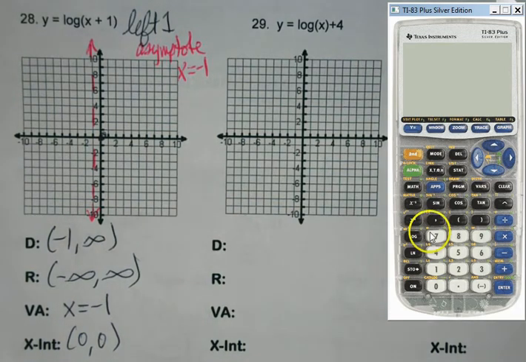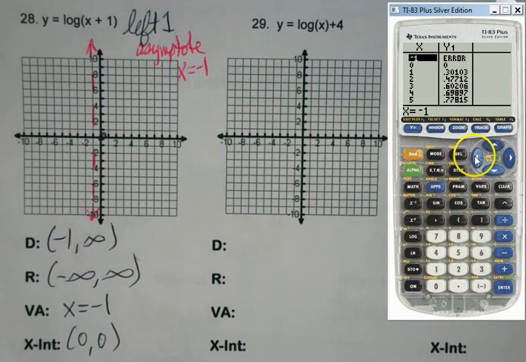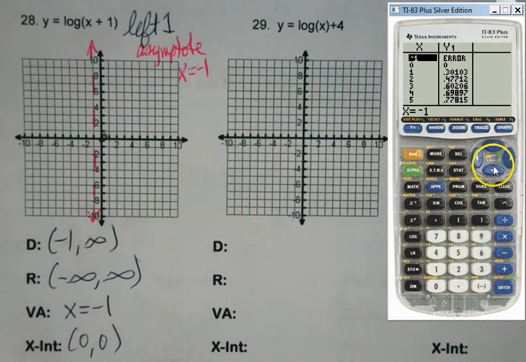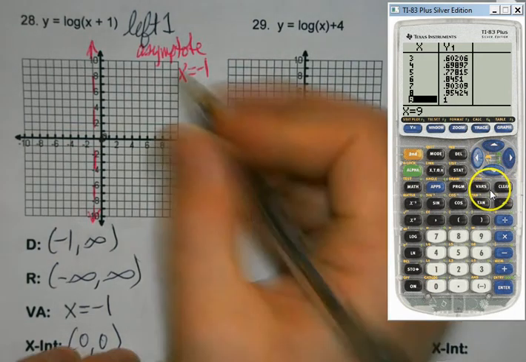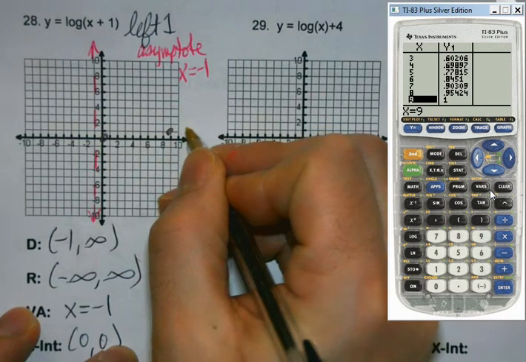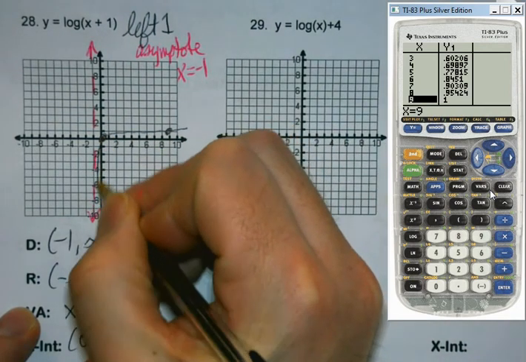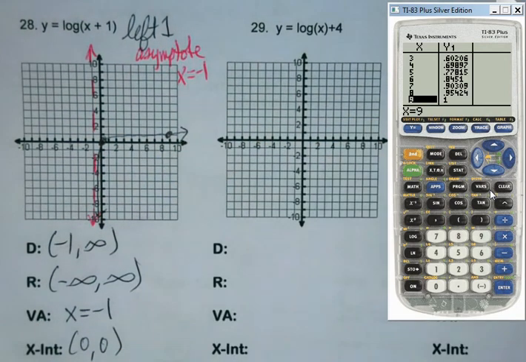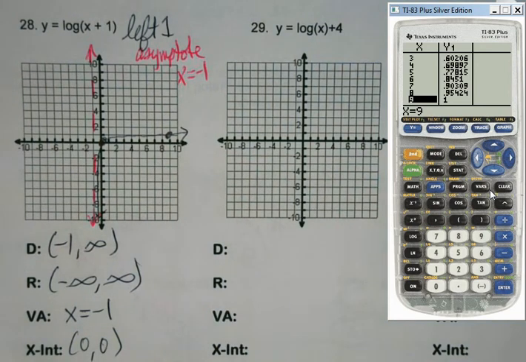Now again, if you want to make your graph just by popping some of these random values in, you can. I, again, usually like to look for something with a whole number. I see there's one at 9, 1. I connect the dots, and I'm good. So there's not a whole lot of weird things going on here.